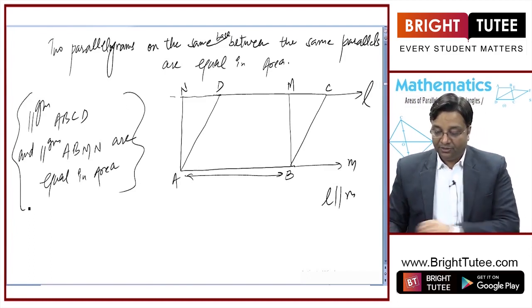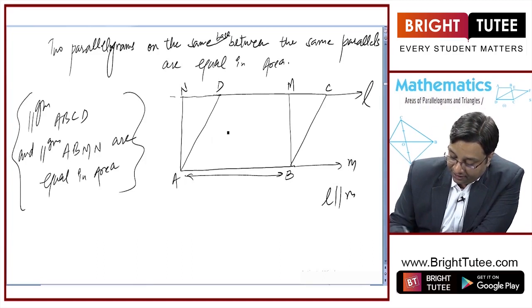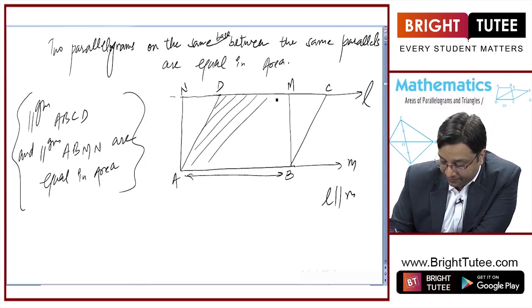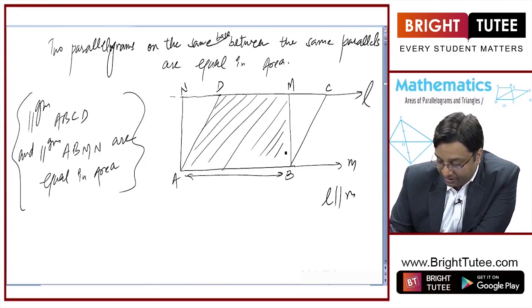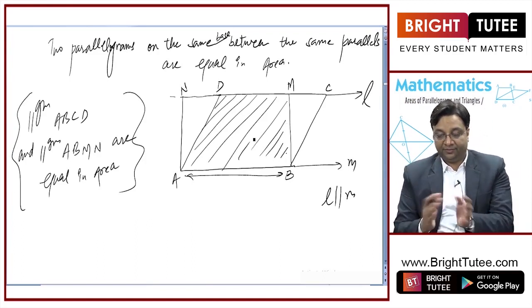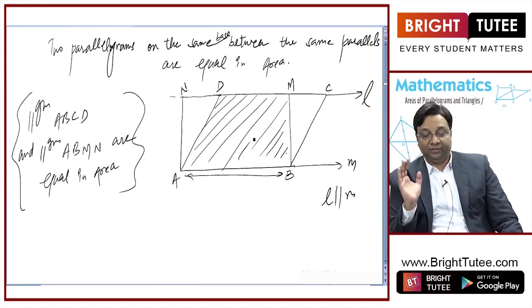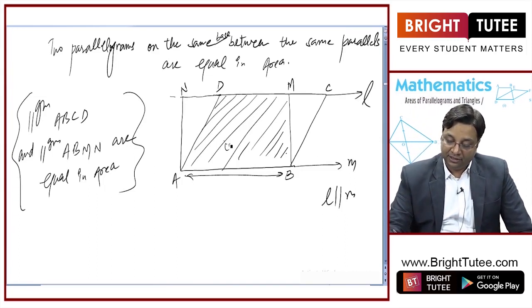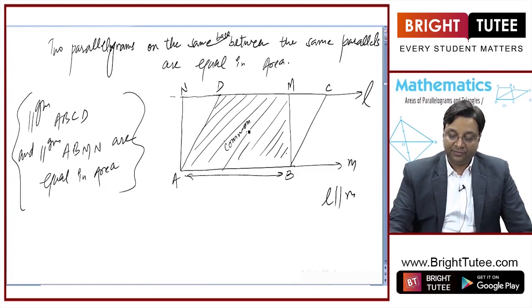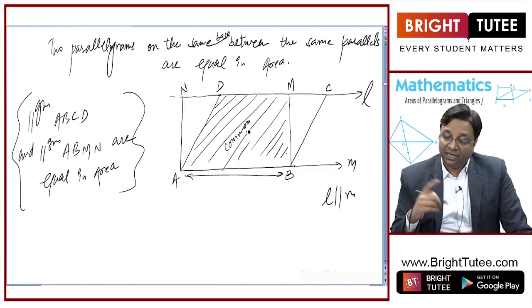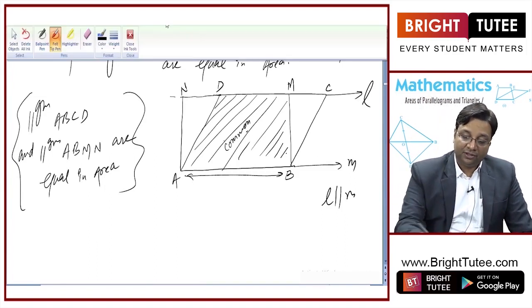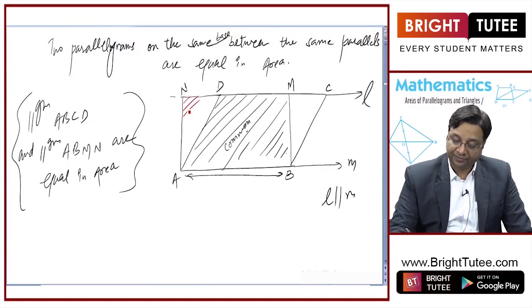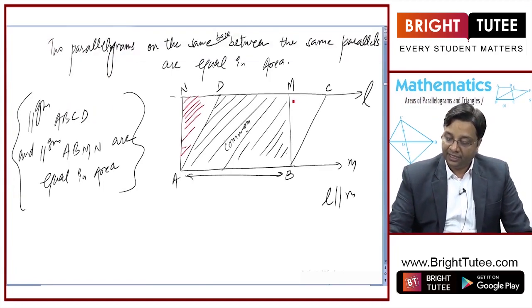Right. So, tell me, let us say this region I consider, this is the region which is common in both these parallelograms. Apart from this common region, I have got these two regions, this one and this one.